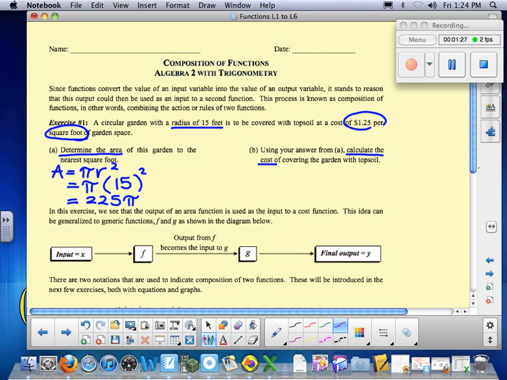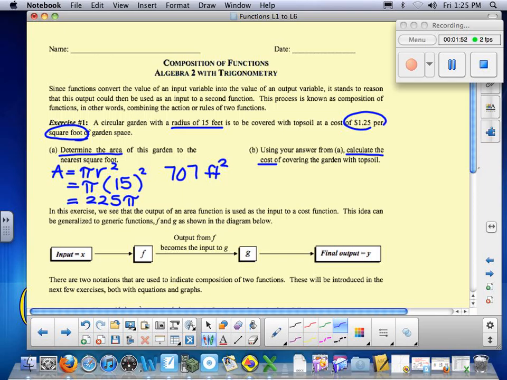Go to your calculator, please. 225 times pi. 706.8583471. We are rounding to the nearest square foot, so I believe that will be 707. Thank you. So that's how much topsoil we need to purchase.